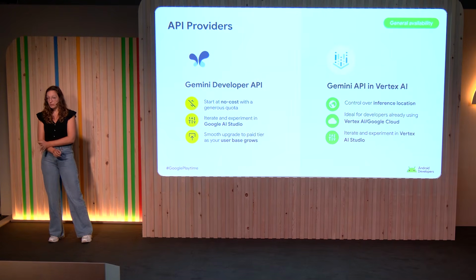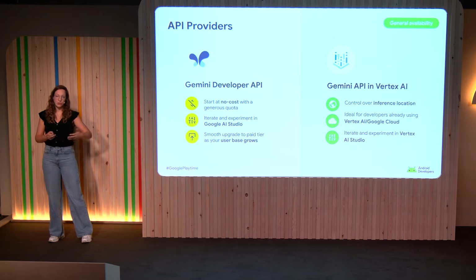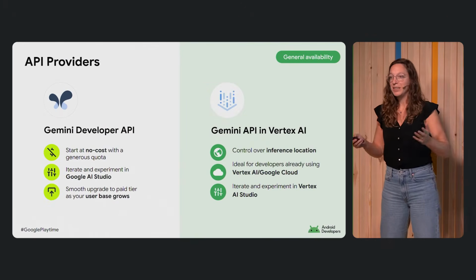It also has a generous no-cost quota, and allows for smooth upgrades the moment your user base starts scaling. However, the Gemini API in Vertex AI is great if you have more of an enterprise-grade solution. If you're already in the Google Cloud ecosystem, for example, it's quite easy to move into this solution as well. And it offers critical availability, scalability, and control over your inference location, which, especially here in EMEA, can be an important thing.